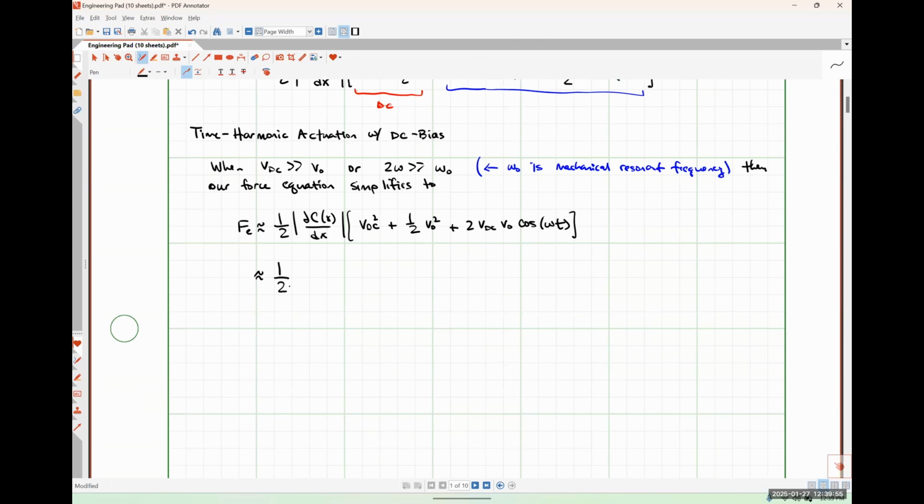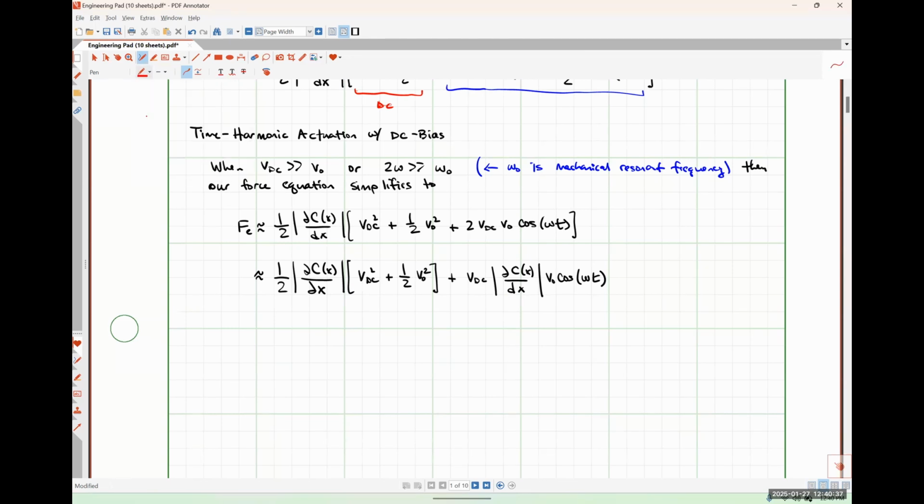I'm going to have 1/2 times the derivative of the capacitance with respect to position times VDC squared plus 1/2 V naught squared. And then my factor of 2 out in front of that last term is going to cancel out that 1/2, leaving me with VDC times the derivative of capacitance with respect to position times V naught cosine omega t.